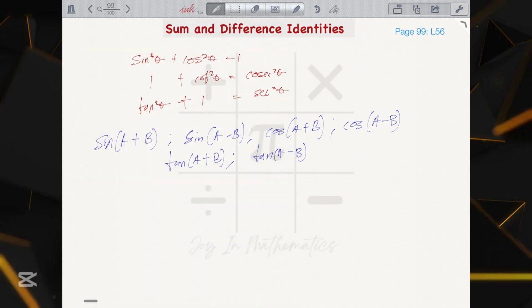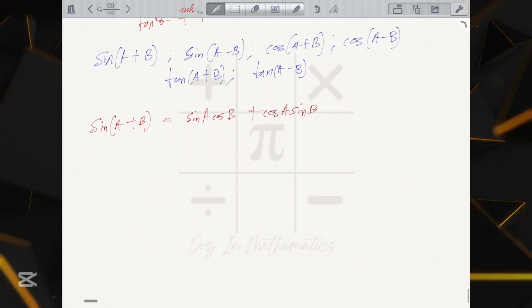Let's write out the expression of sine A plus B. We'll skip the derivation part so as to not give ourselves a bulk load of expressions. So sine A plus B is equivalent to sine A cos B plus cos A sine B. So what do we notice here?